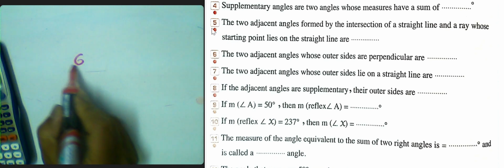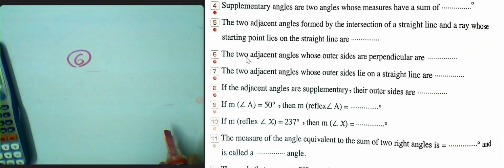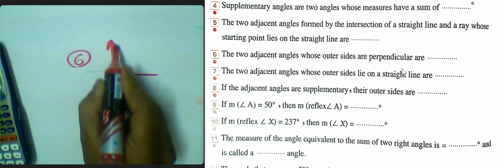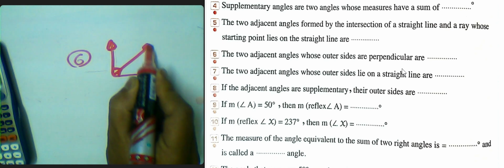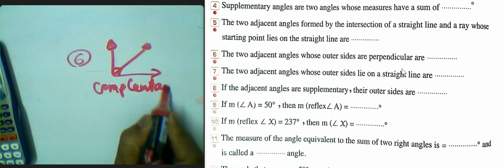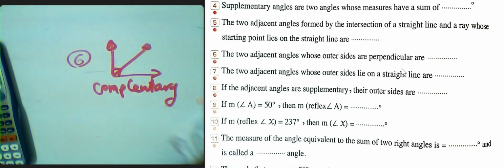Question number 6: the two adjacent angles whose outer sides are perpendicular, we call complementary angles.